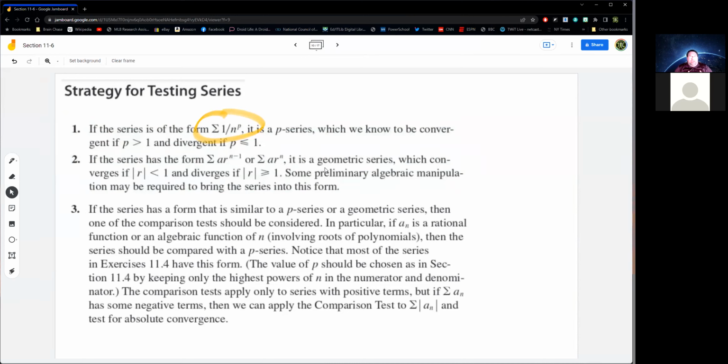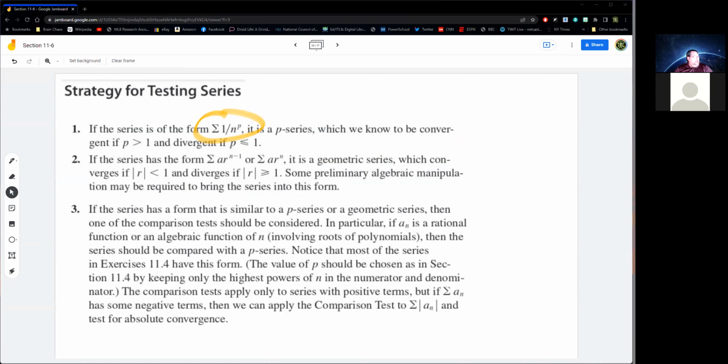And remember, you can break things apart in your series. So addition and subtraction, you can break apart. That's going to be helpful to you because you can look at the pieces individually, and as long as they all converge, then it's going to converge.